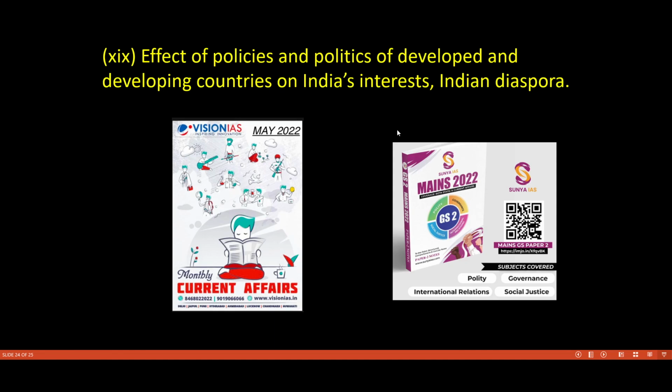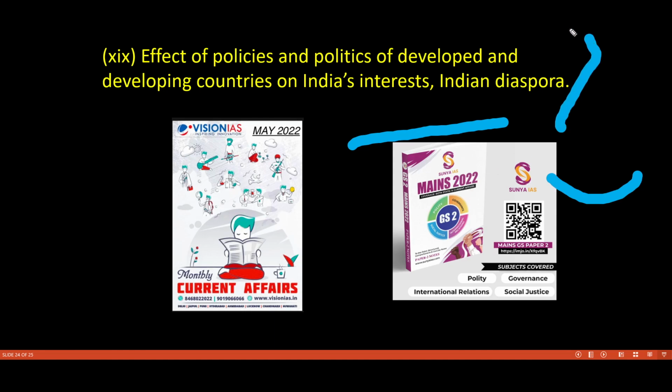Effects of policies and politics of developed and developing countries on India's interests, and the Indian diaspora. Questions on the Indian diaspora have been asked, and the diaspora part is definitely not given very nicely in these books. We have to do a little research of our own. Try to make 20 or 30 point notes through internet research. This is the only solution other than the Soon's notes. And keep a keen eye on the Indian diaspora whenever it is mentioned.